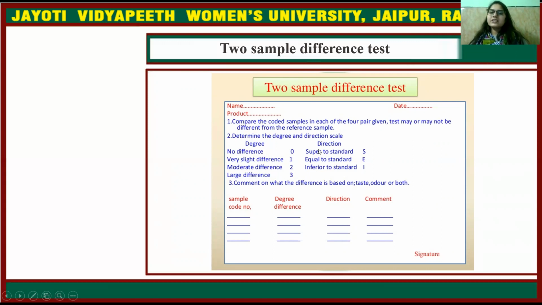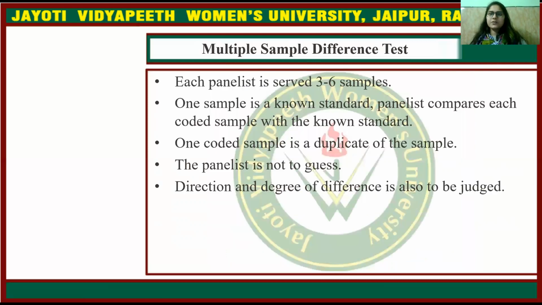Direction is S for superior to standard, E for equal to standard, and I for inferior to standard. Comment on what the difference is based on, taste, odor, or both. So write the sample code number, then the degree of difference 0, 1, 2, 3, then the direction S, E, I, and any comment, and then signature. This is a prototype of filling in the two sample difference test performer.